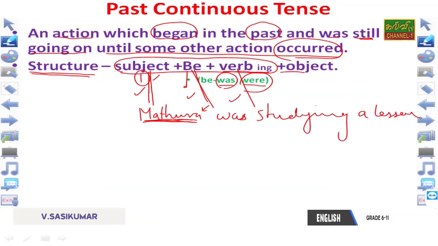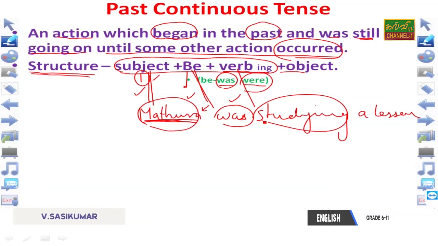So dear students, Madhura was studying a lesson. Madhura was studying a lesson.